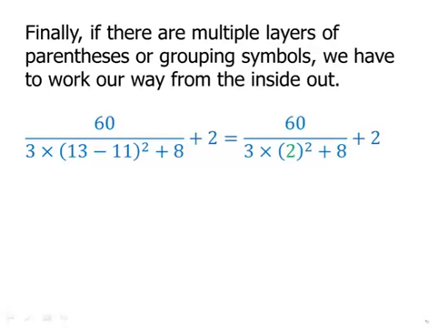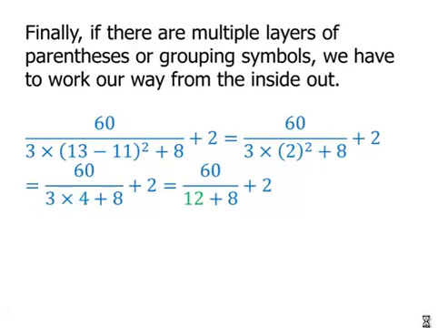Now, still under the long fraction bar, I have to do 2 to the exponent, then the multiplication, then the addition. Now we're down to a single number. So now we can actually divide. We can divide 60 by 20, of course that's 3, and then add 2 and we get 5. So that's how we have to handle multiple layers of parentheses and grouping symbols.